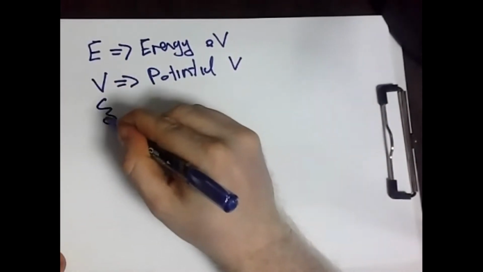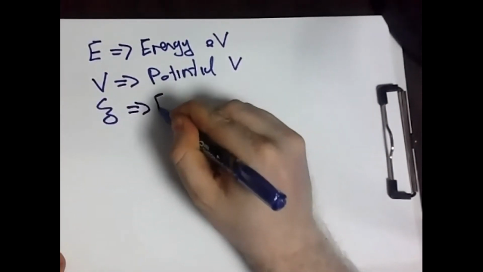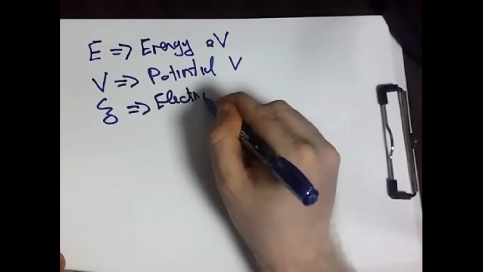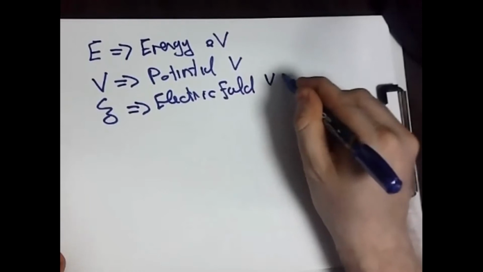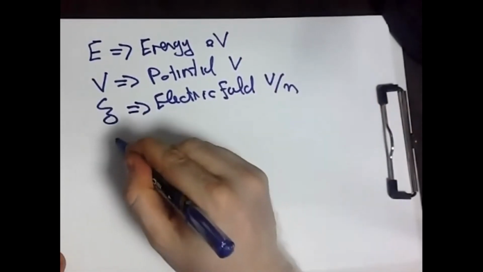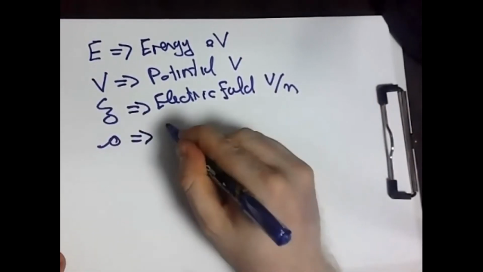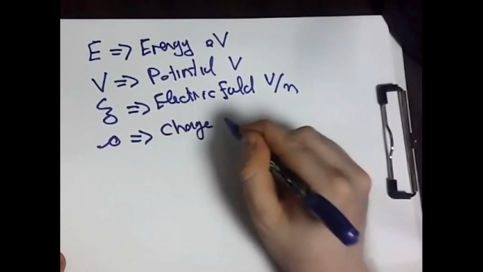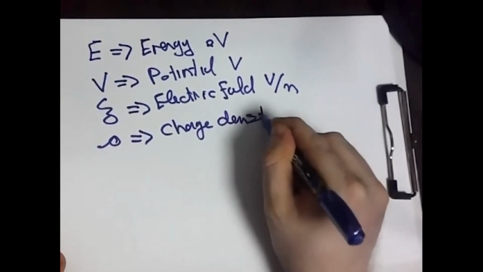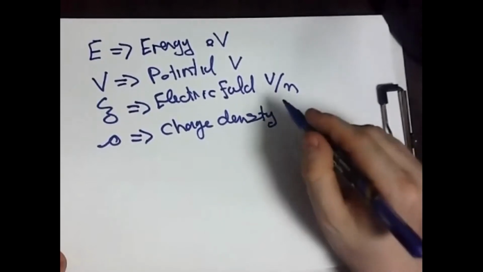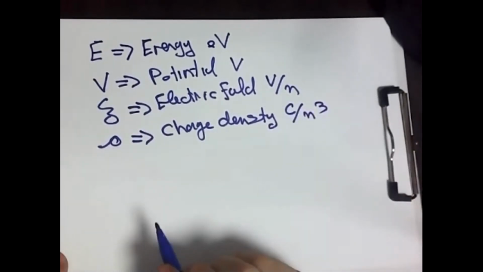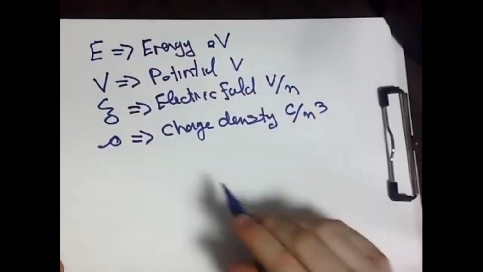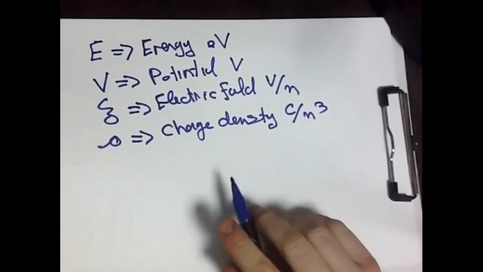We have eta, which is the electrical field, in the unit volt per meter. And we have rho, or what's called the charge density, with a unit coulomb per meter cube. So these are the 4 functions or the 4 parameters.